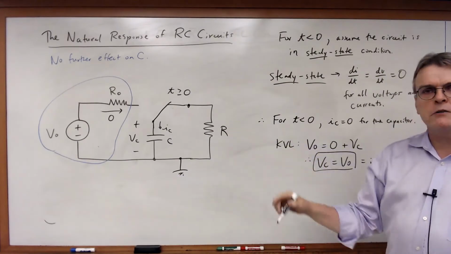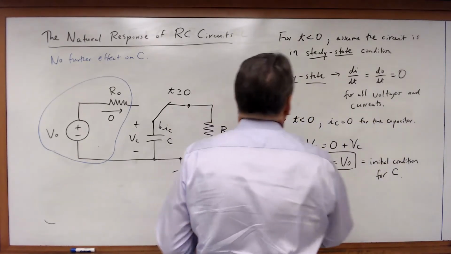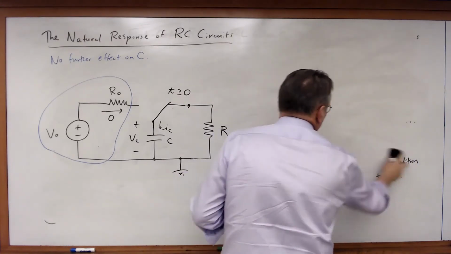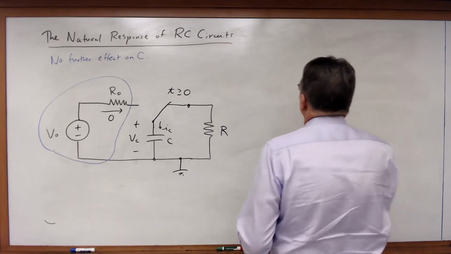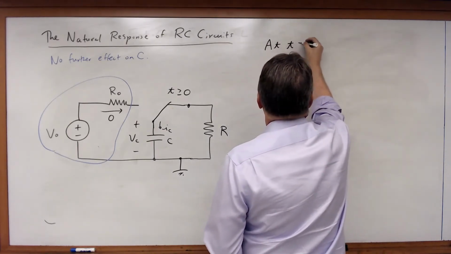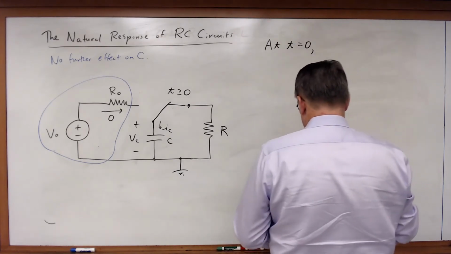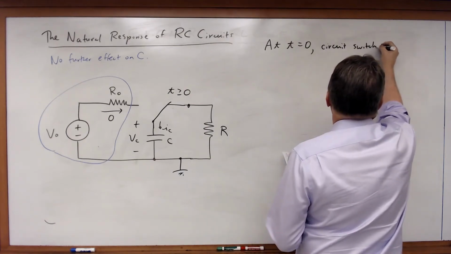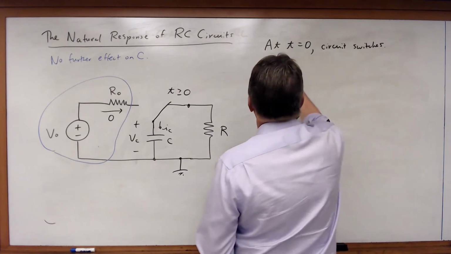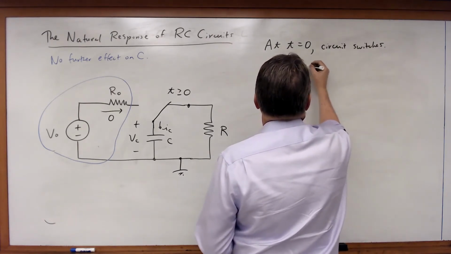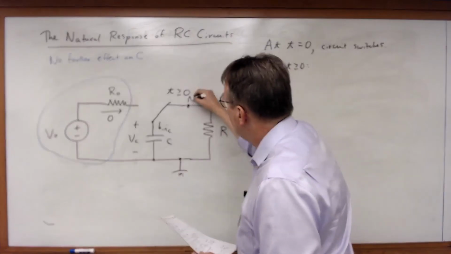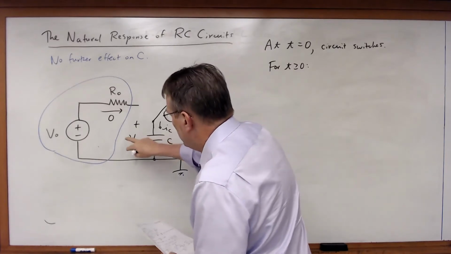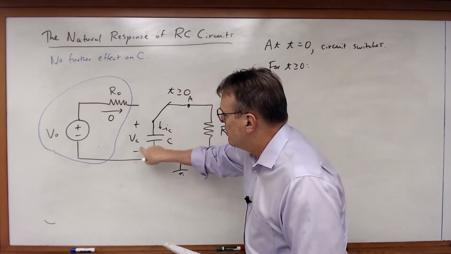Let's go through and let's write ourselves a little KCL equation for this. So I'm going to call this node A, and note I've still got the voltage VC for this capacitor.